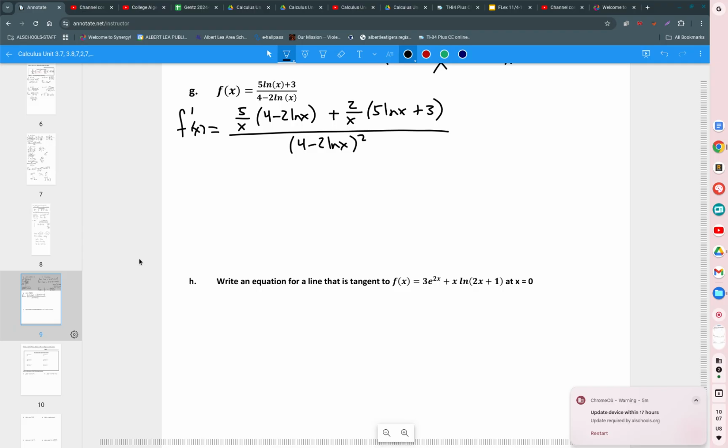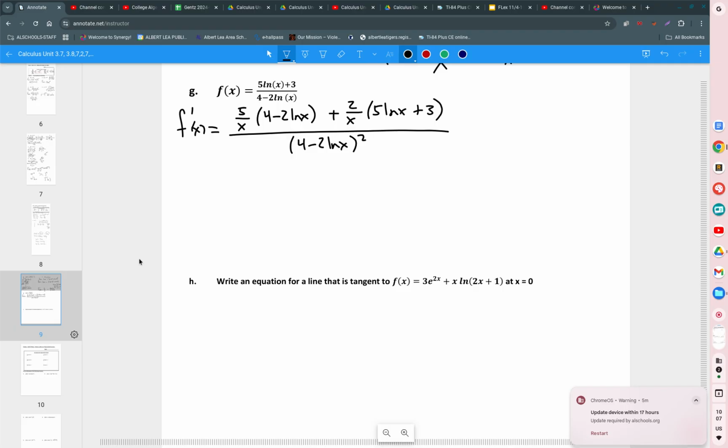Does everybody agree that we, at this point, have a complex fraction? Yep. Okay, so in order to alleviate this issue of the complex fraction, I see that the bottom denominator will be x for the top, right?